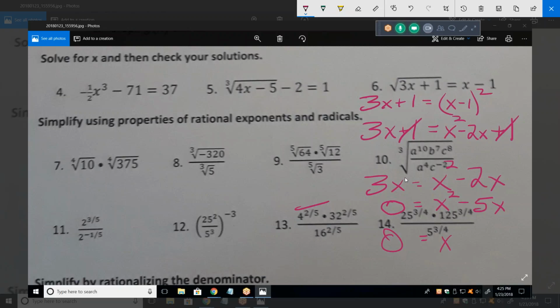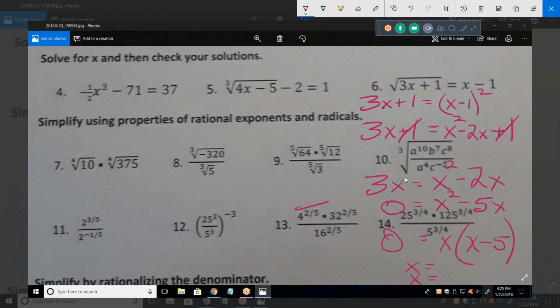X times x minus 5. Which gives me what are my 2 solutions? Got 2 things multiplying together to equal 0.